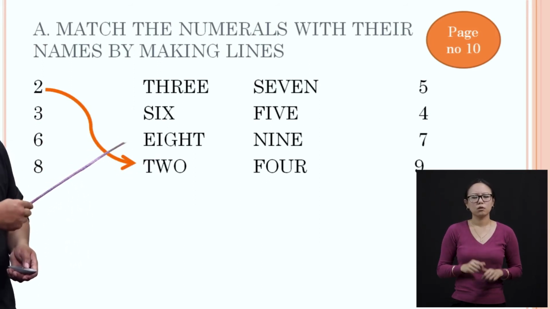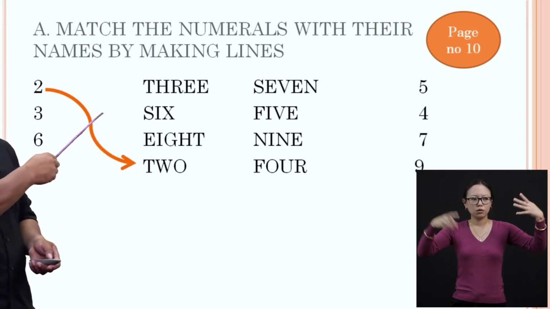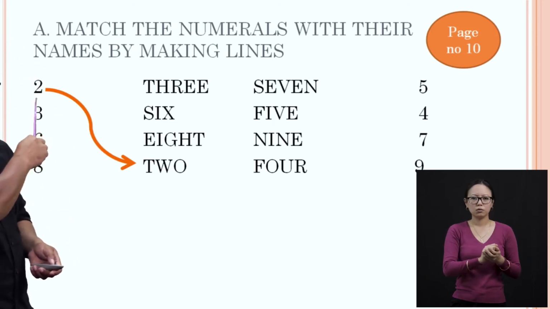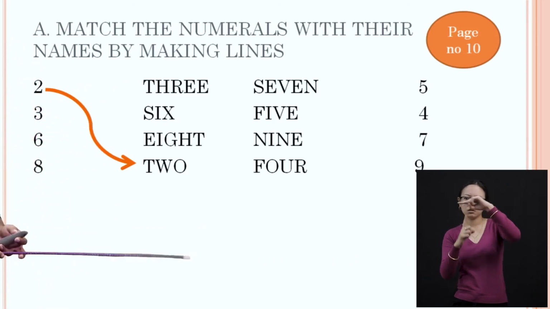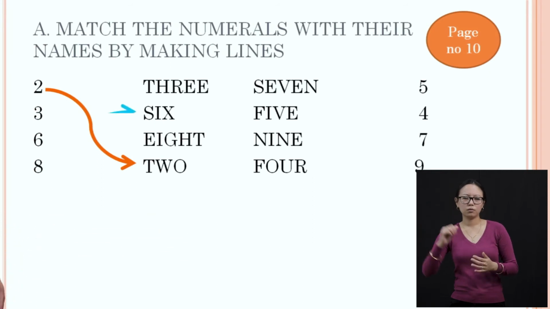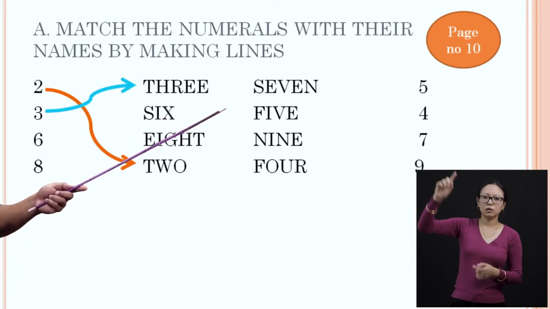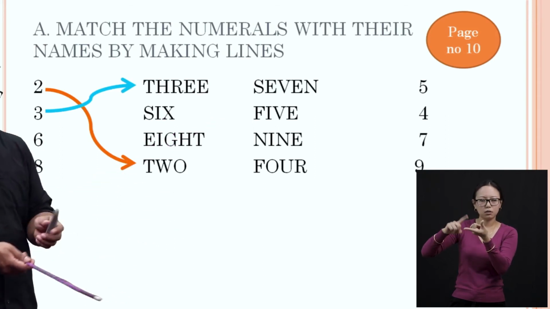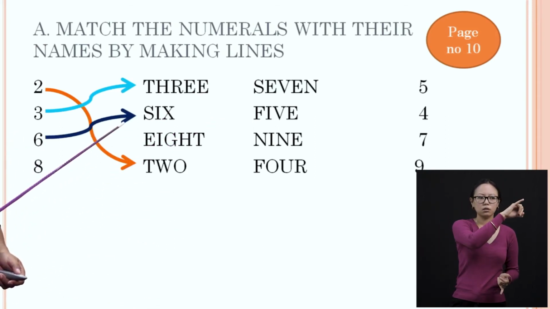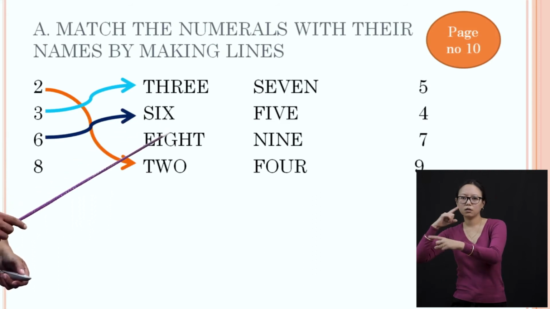That means TWO is the name of this numeral 2. All right. Similarly, for 3, it goes to THREE, and 6, it goes to SIX. All right.